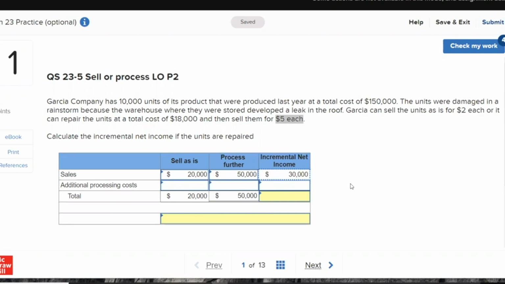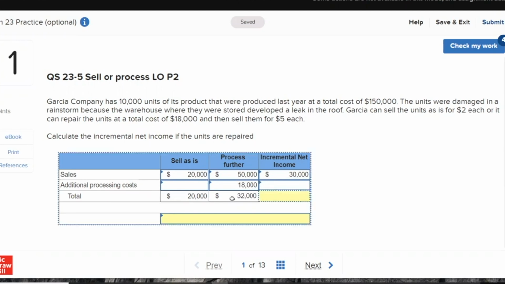However, and here's the however, additional processing costs. Well, if we sell them as is, we will not incur any more processing costs. We're going to make 20 and walk away. However, repair them for a total cost of 18. So it's going to cost us 18,000 to repair them. But still, it looks like we're better off, right?